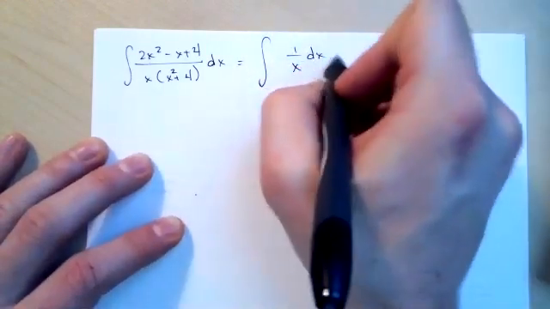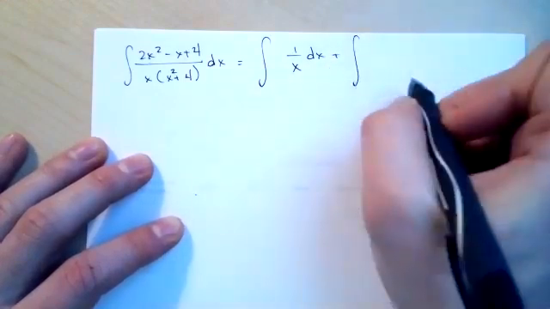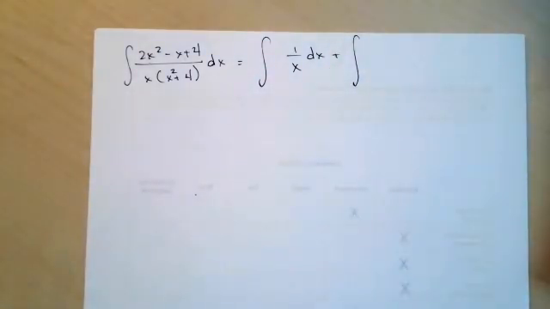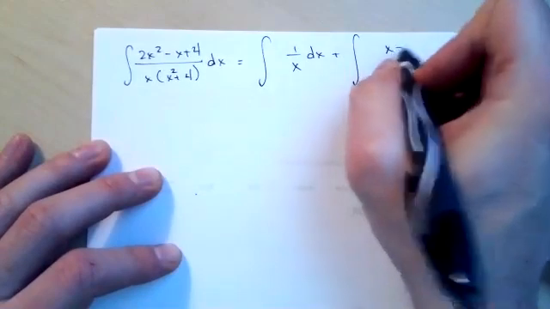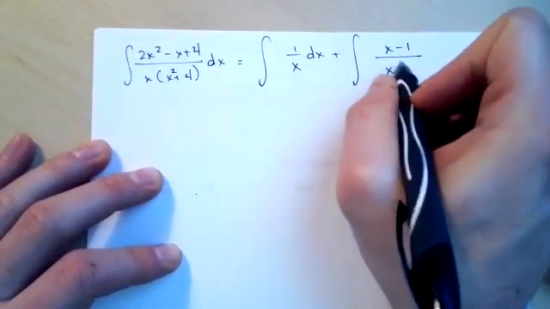I'm going to go ahead and split up the sum over the integrals. We had bx plus c. b was 1, c was -1. So we've got x minus 1 over x squared plus 4.